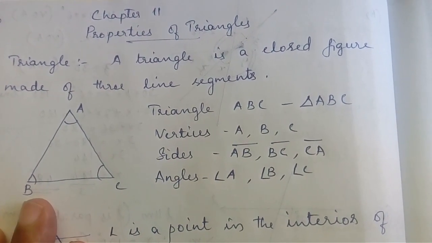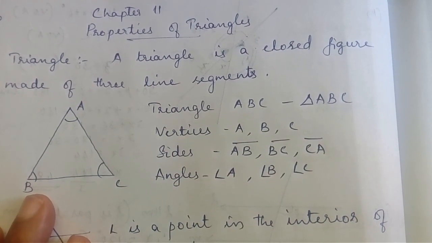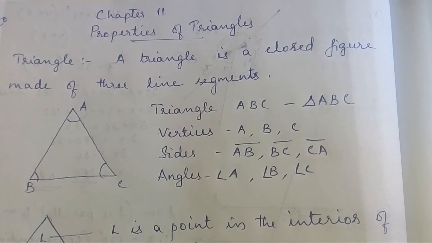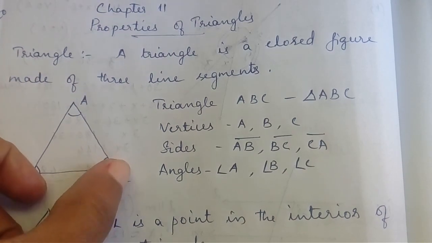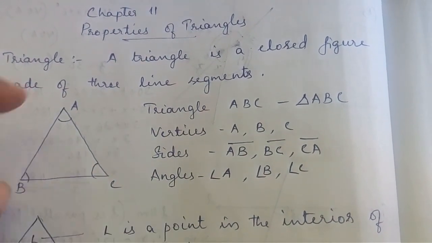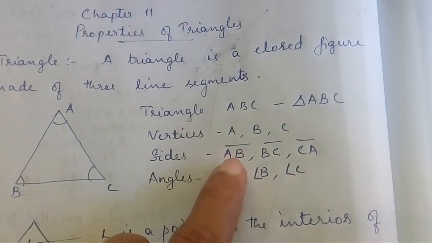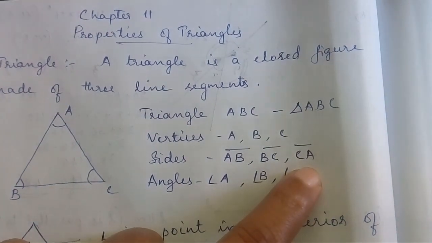Okay, so here the polygon, a list polygon ABC, which is a triangle with the sides. We can see the sides of the triangle. Sides means we can see the line segments are joined to form the triangle. So these line segments are the sides of the triangle, and it is denoted by line segment AB, line segment BC, line segment CA.